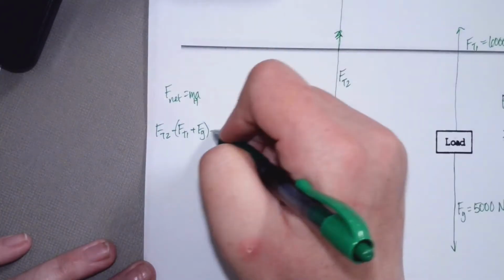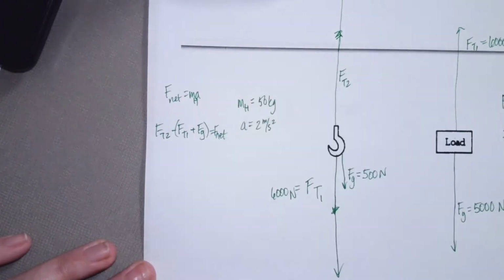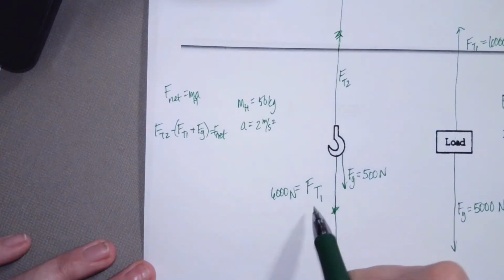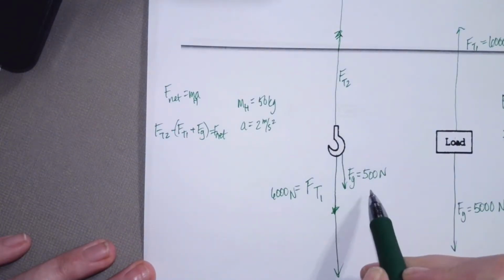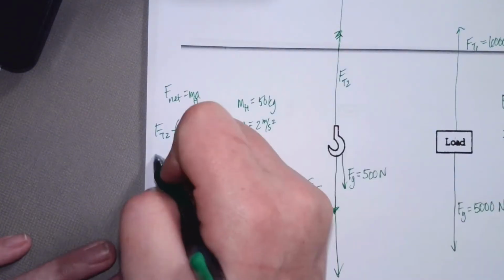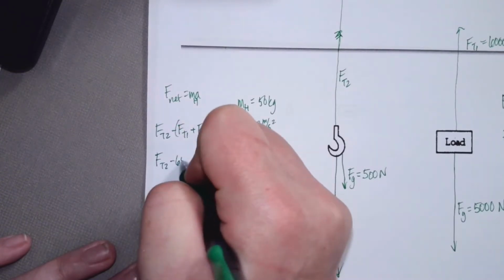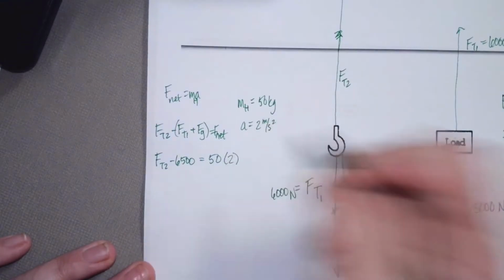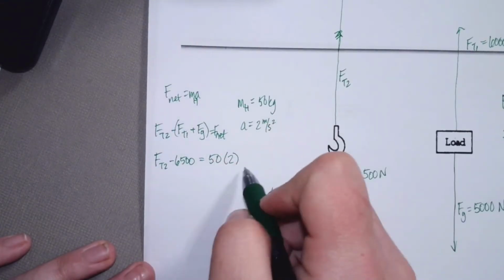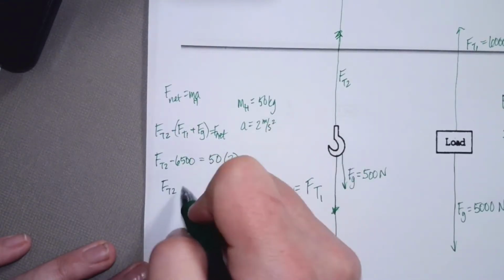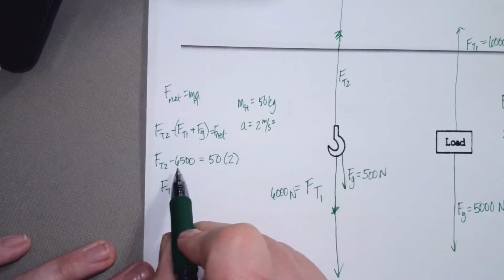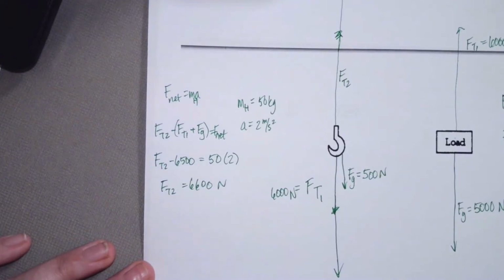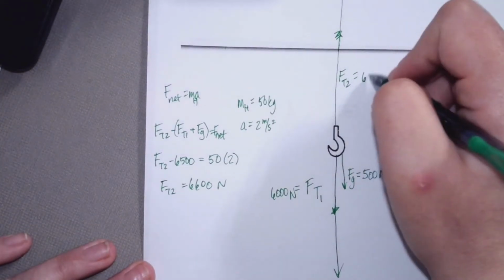The one that's pointing up, FT2, minus the sum of FT1 plus force of gravity. So we know that's 6,500. So FT2 minus 6,500 equals the mass of the hook, 50, times the acceleration, which is 2. So I know that's 100. So FT2 is going to equal 100 plus 6,500, so 6,600 newtons. So it's not much bigger than the other one.